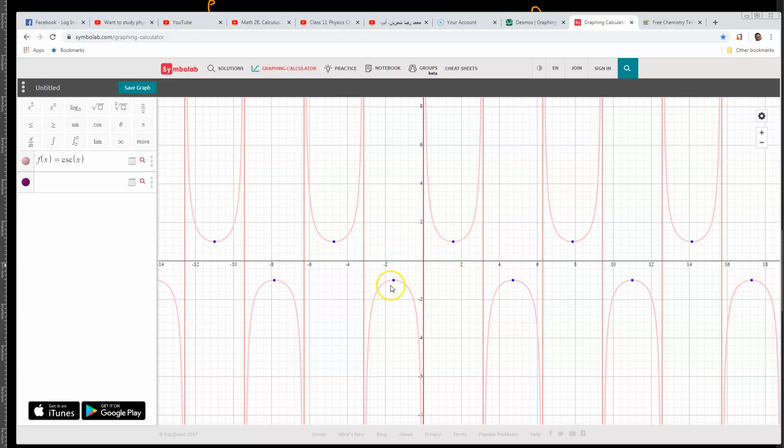Or you can go from negative pi by 2 to pi by 2, and then you have to take 0 out, right? Or you can go for pi by 2 to 3 pi by 2, but then you have to take the pi out, right?